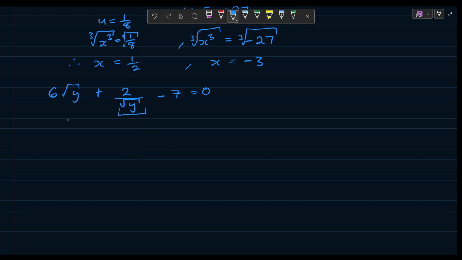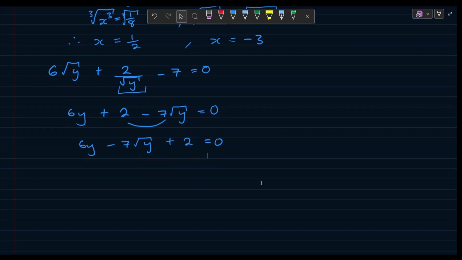If we multiply the first term, 6 root y, by root y, you're going to get 6y, plus, here the root y will cancel out, so plus 2 minus 7 times root y is equal to 0. I'm just going to move this to come second, after 6y: minus 7 root y plus 2.